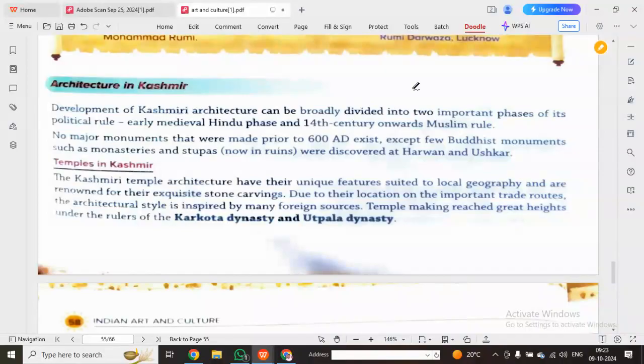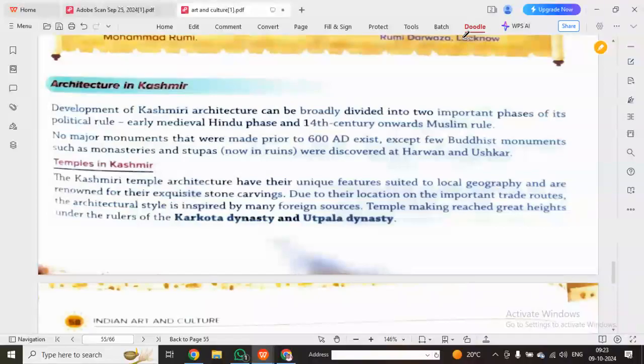So temples, known for their exquisite stone carvings.